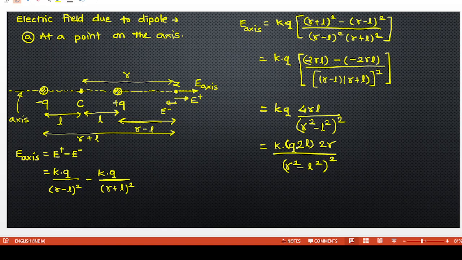What is this q into 2L? One of the charges into the separation between them is the electric dipole moment. So k, p, 2r. This q into 2L is dipole moment p upon (r square minus L square) square.